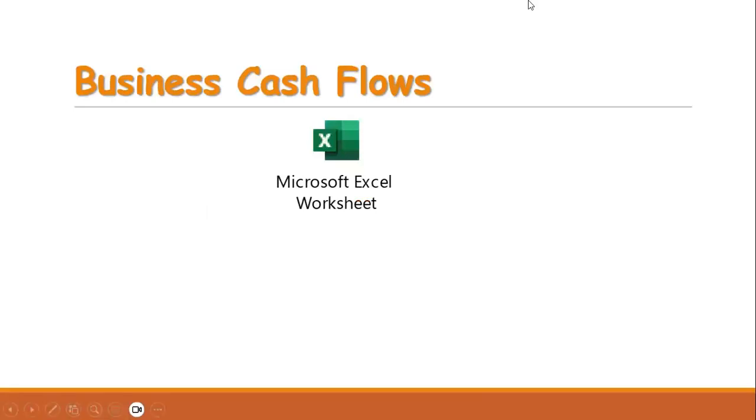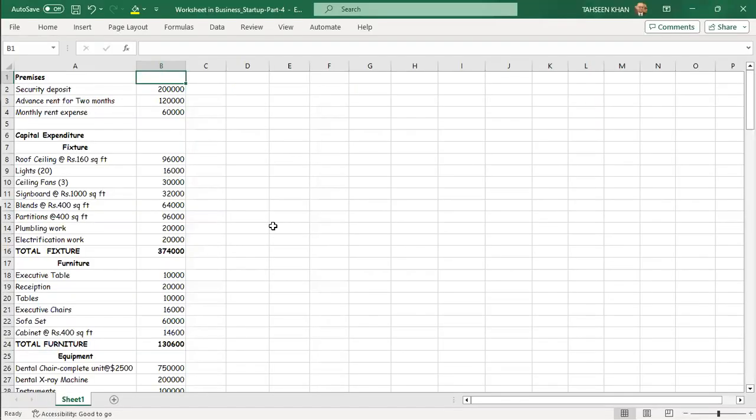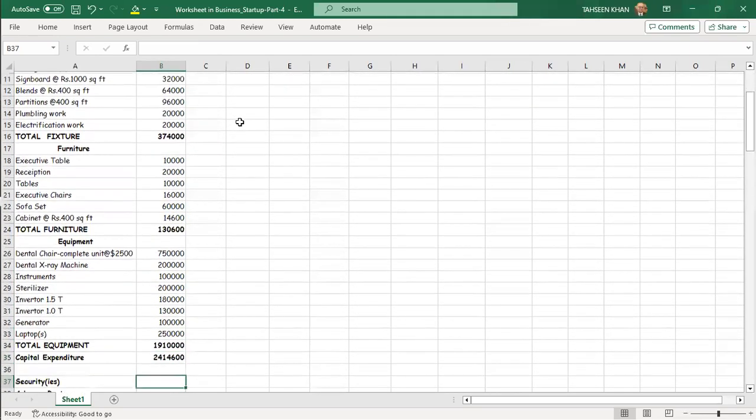Now we are going to develop the cash flow on the basis of the calculations we have, which include some calculations from our previous slide. Here we have the premises calculation that we already covered in the previous lecture. Thereafter, we have the fixtures calculation, also covered, then the furniture calculation and equipment calculation.